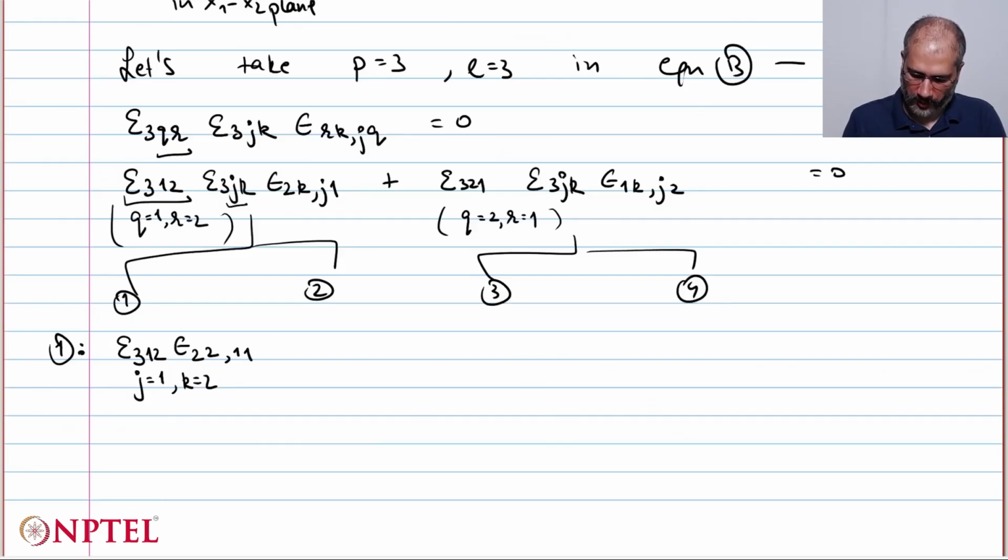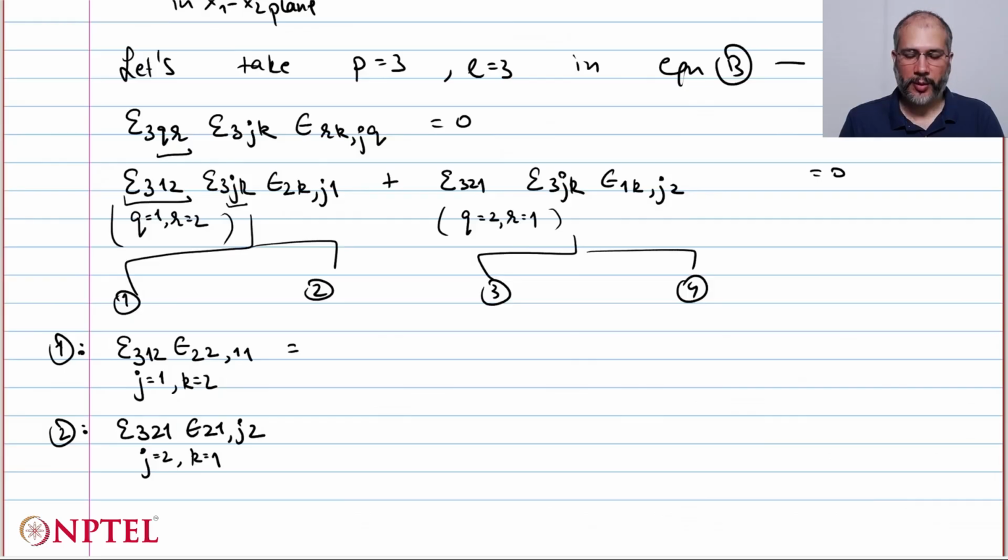So this is the first term. And the second term is epsilon 3. Now I take J equals 2 and K equals 1. So this becomes epsilon 3, and then J is 2 and K is 1 times strain 2, 1 comma J2. And this, by the way, simplifies. So epsilon 312 is a 1.